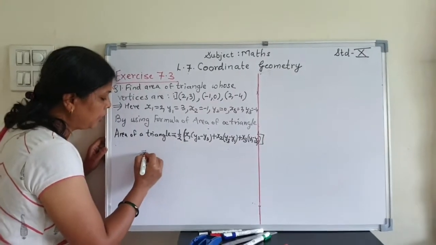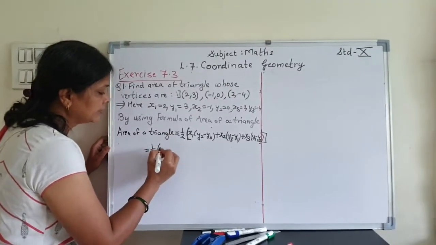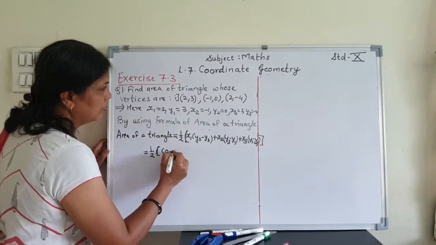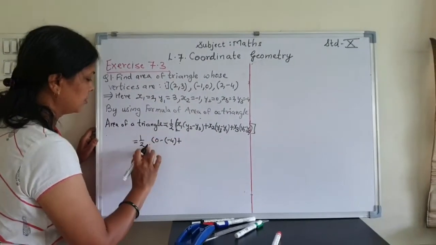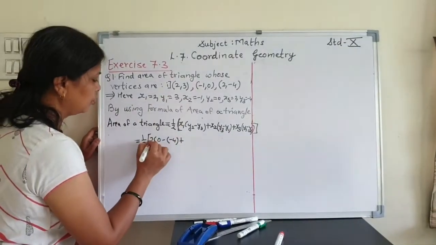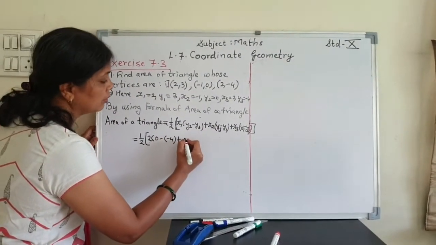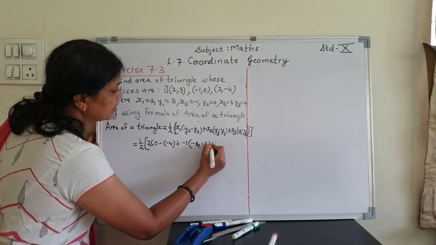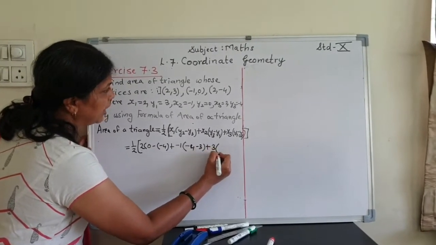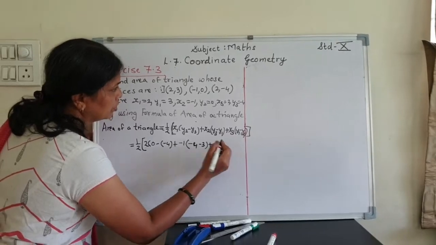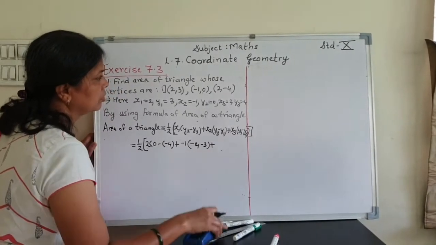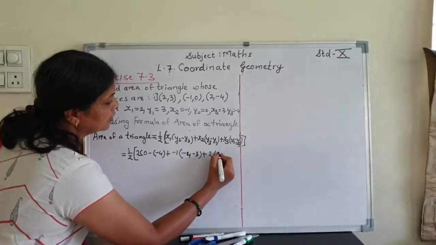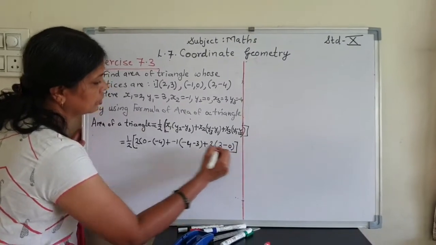Now putting the values for coordinates, we get half, x1 is 2, in bracket y2 is 0 minus minus 4, plus x2 is minus 1 in bracket y3 minus y1, minus 4 minus 3, plus x3 is 2 in bracket y1 minus y2, 3 minus 0.